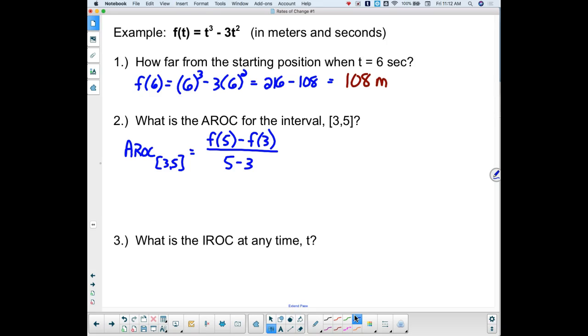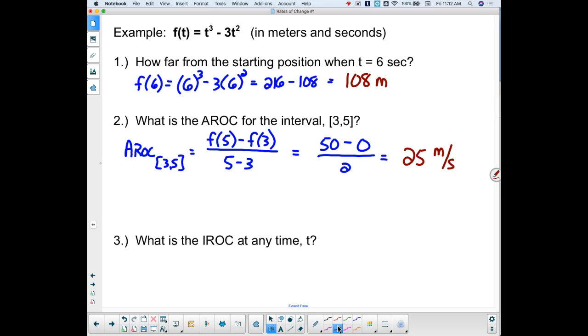So what's f of 5? 125 minus 75 is 50. And f of 3 is 27 minus 27, which is 0. All over 2. So that's going to be 50 divided by 2, which is 25 meters per second.